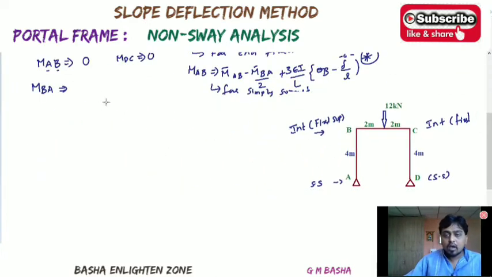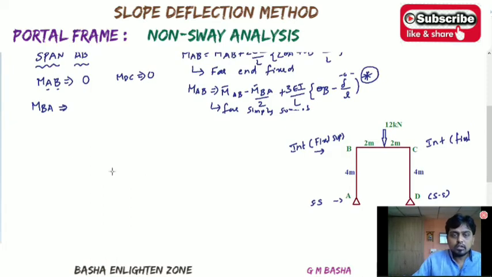See here, MBA. So for the equation MBA, we are at the BA column. Support B is the near end, and A will be the far end.